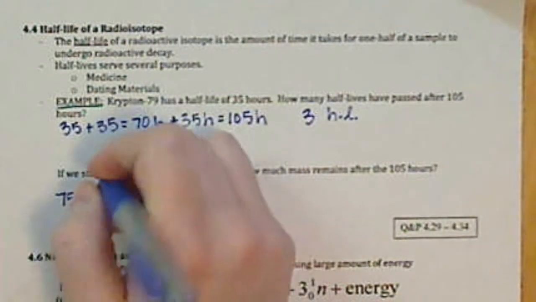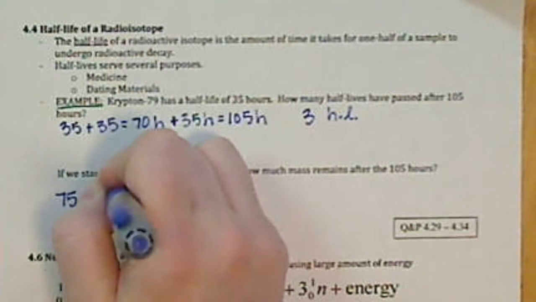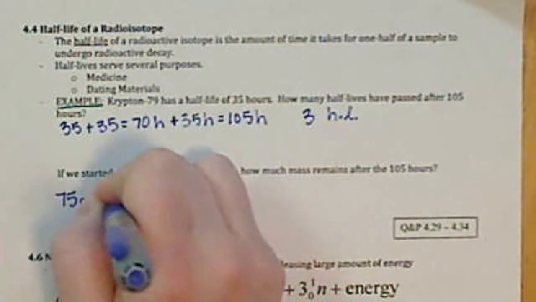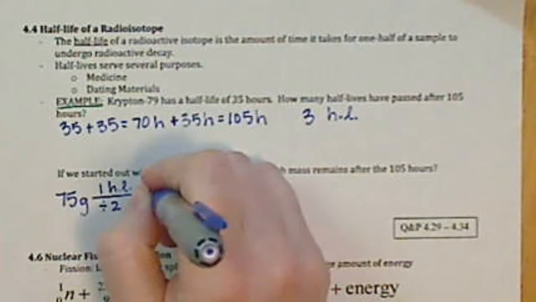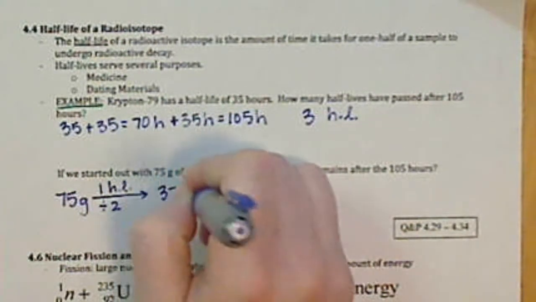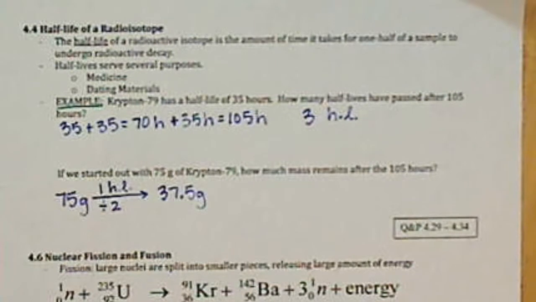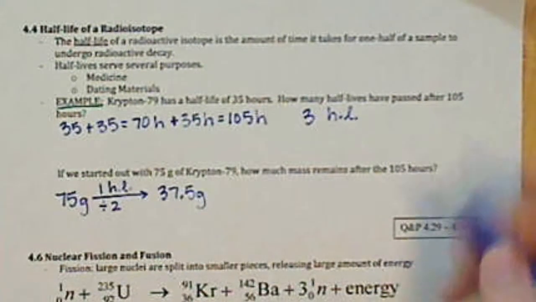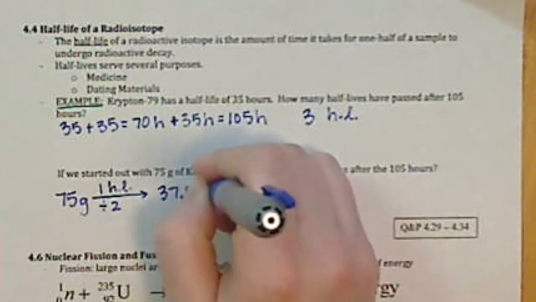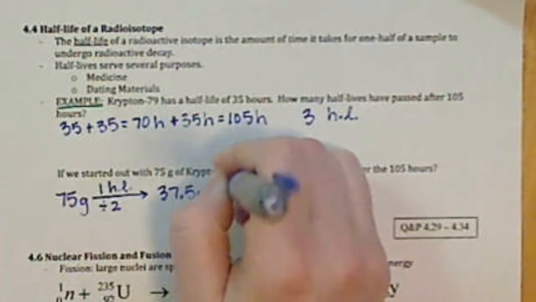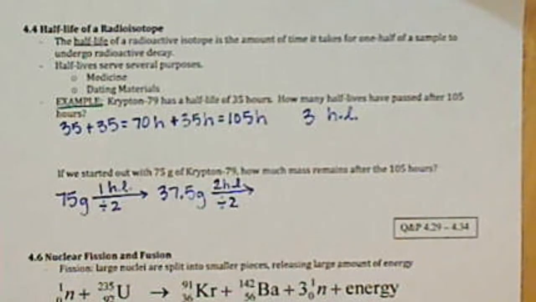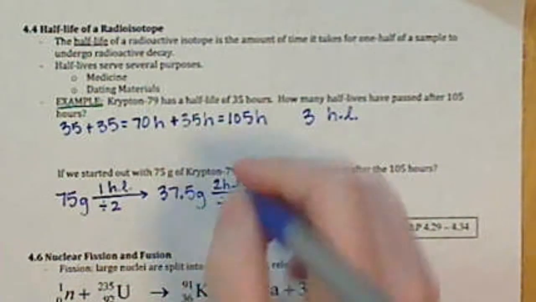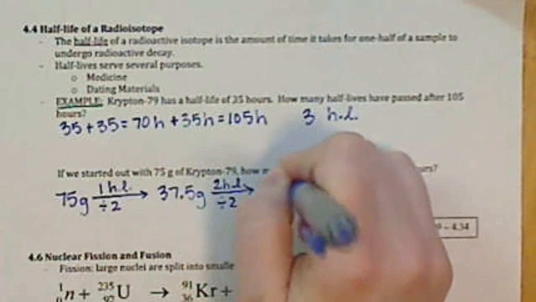If we take 1 half-life, we're going to divide by 2. 75 divided by 2, we have 37.5 grams of material left after 1 half-life. When we divide by 2 again, this is our second half-life, what do we have? 18.75.